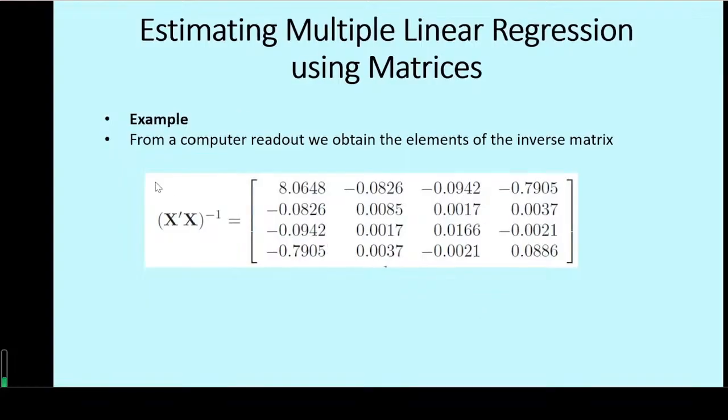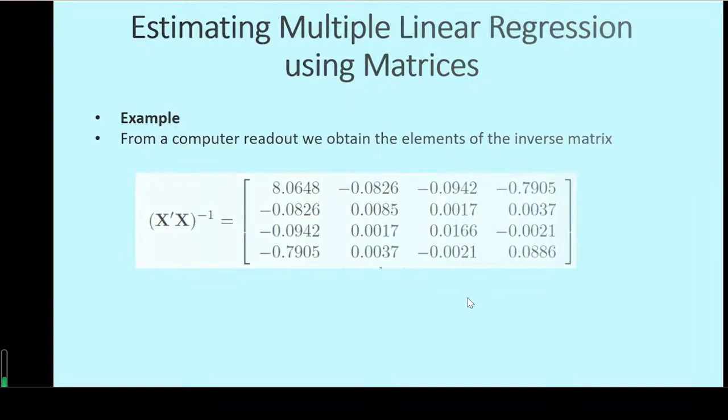For computer readout, we use the computer to calculate and we can get the inverse of this matrix, which is a 4 by 4 matrix.